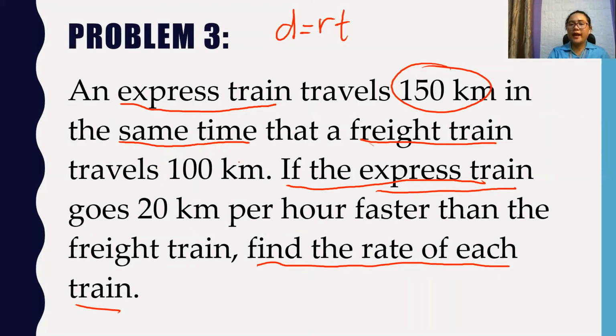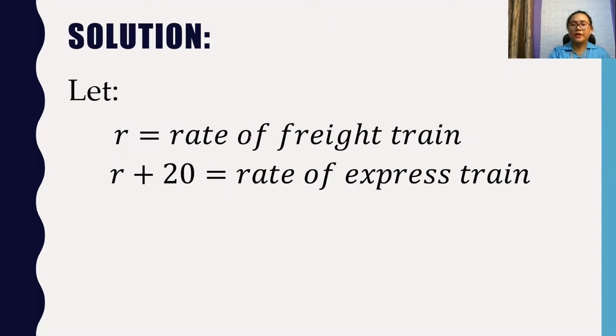So, ang mangyayari ay, we are going to let R be the rate of the freight train. Okay, so yun siya, si R. Pero mas mabilis daw si express train ng 20 km/h. So, yung rate mo, dagdagan mo ng plus 20 kay express train. Kasi mas mabilis siya kaysa kay freight train.